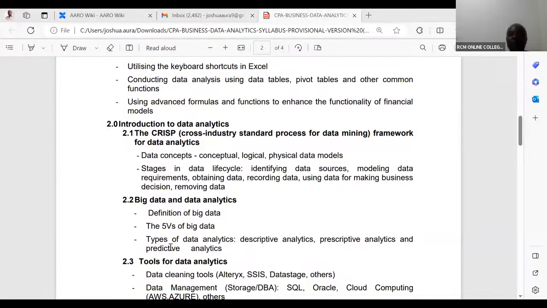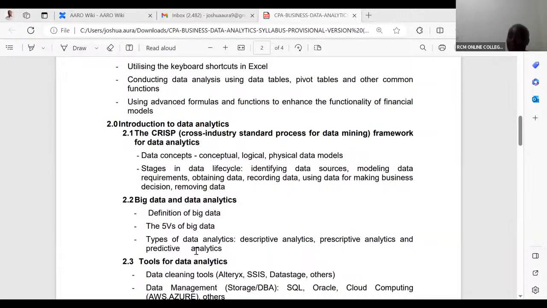Ladies and gentlemen, then we have types of data analytics, where we want to make you understand what descriptive analytics is, what prescriptive analytics is, and what predictive is. Predictive analytics is normally futuristic. We're able to use this big data. If it's CASNEB, for example, students who passed in the past, we get that information, look at the numbers, and use it to predict.